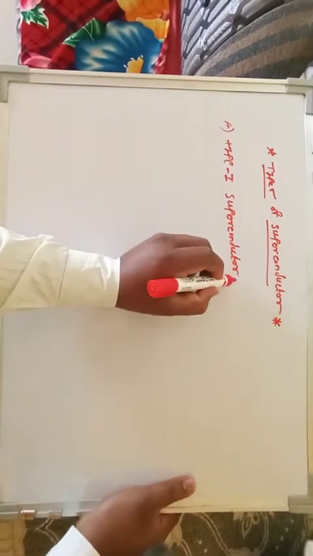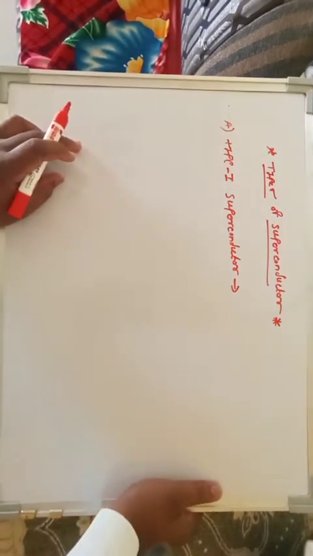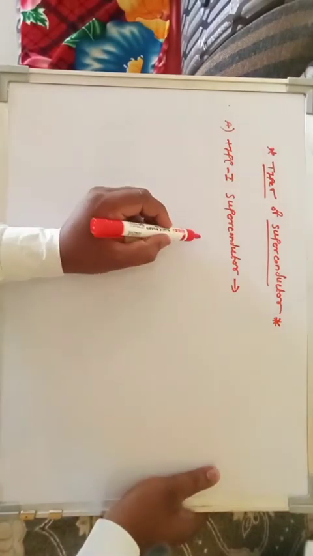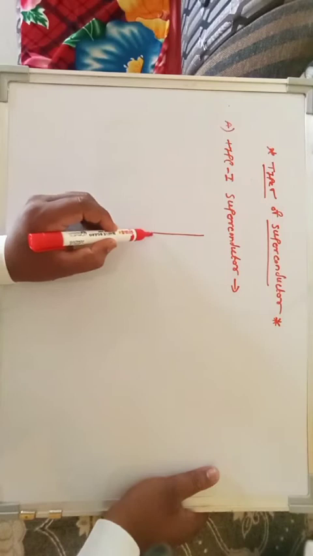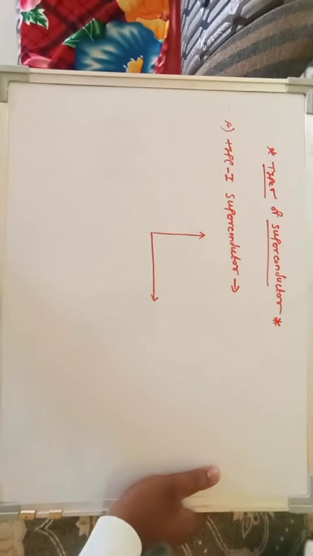For these two types of superconductor, type first and type second, or soft superconductor and hard superconductor, we plot a graph of the strength of the applied magnetic field versus the intensity of magnetization. The axes and components are the same, but the behavior of the graph is different for soft superconductor and for hard superconductor.